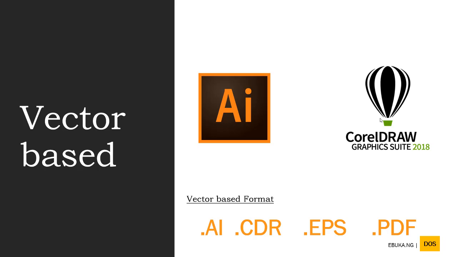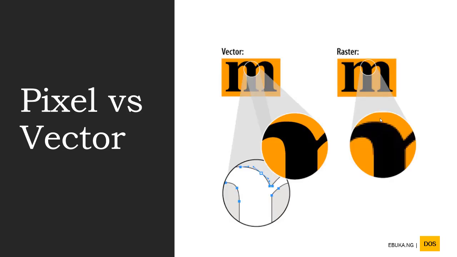PDF is a vector-based file format. It preserves the quality of your image. So PDF is a very important vector-based file format. This is also showing you the difference between vector and raster.